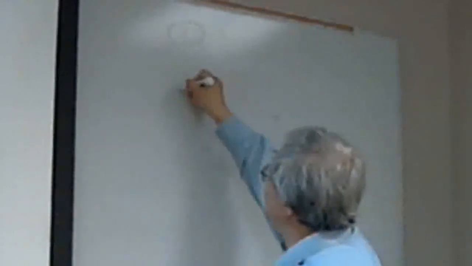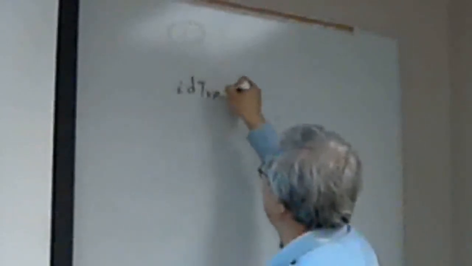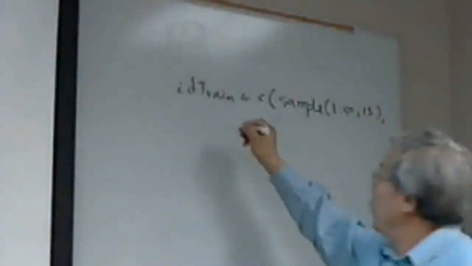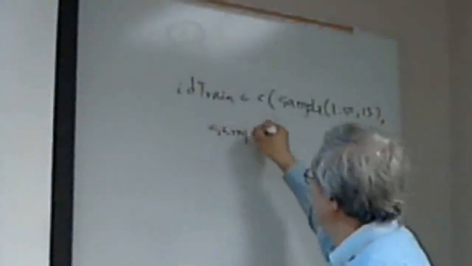So here I should do this ID train. The first one will be the same. And to make it more readable, instead of writing 50, I probably should write 1 to 50. Actually, they are identical. Okay. So we sample the row index, 15 of them from 1 to 50, followed by the second one. We can sample from 51 to 100, 15 of them.